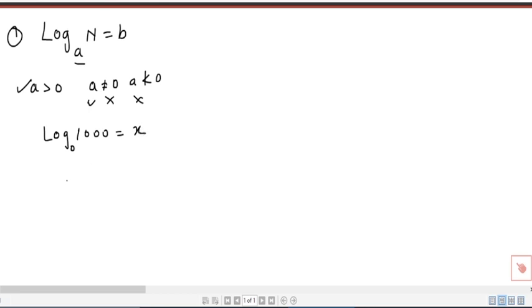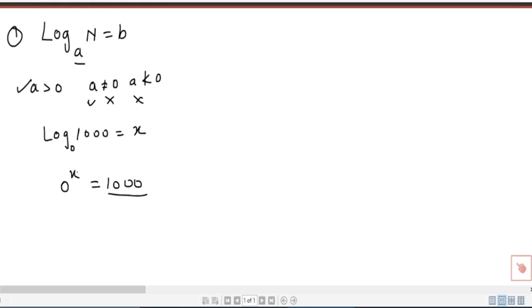So I am saying 0 to the power x is equal to 1000, which is impossible, because if 0 is raised to any power, you will never get 1000, you will never get any other number. You will always get 0, which means x can take any value.